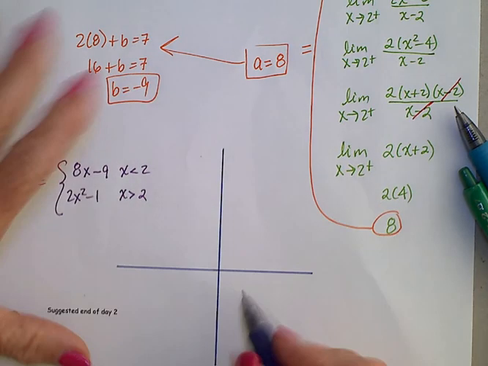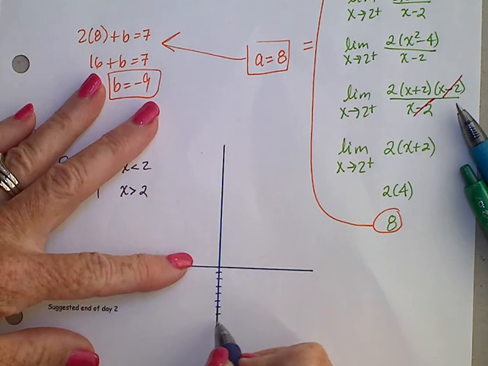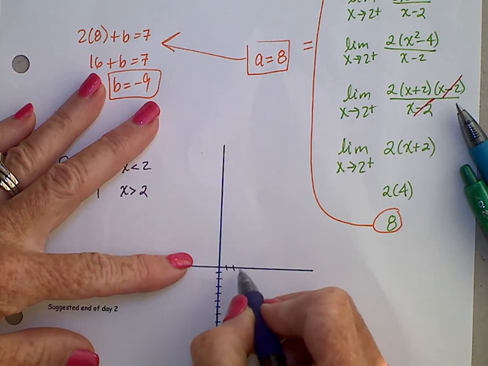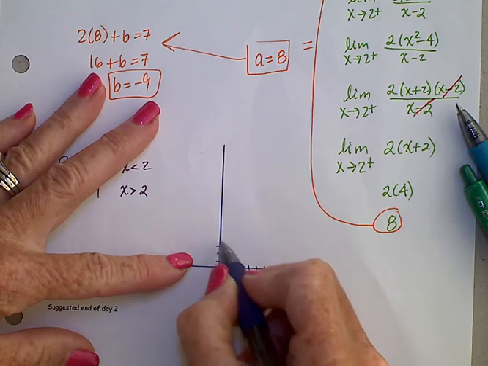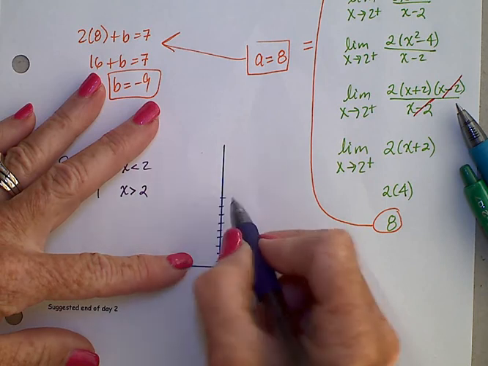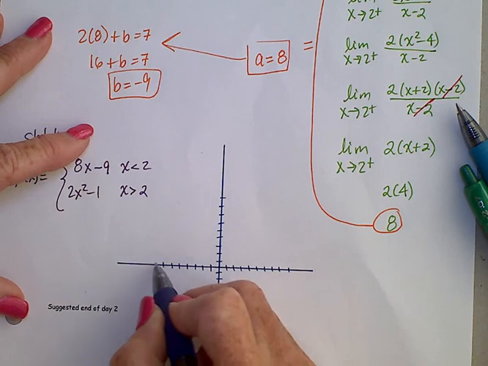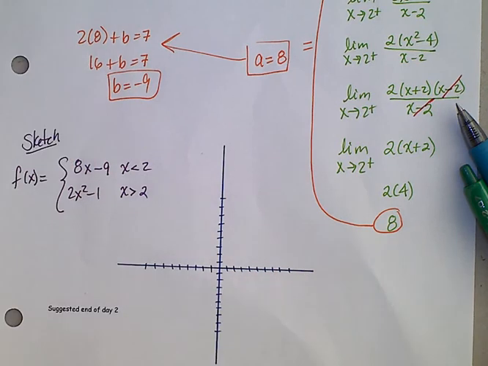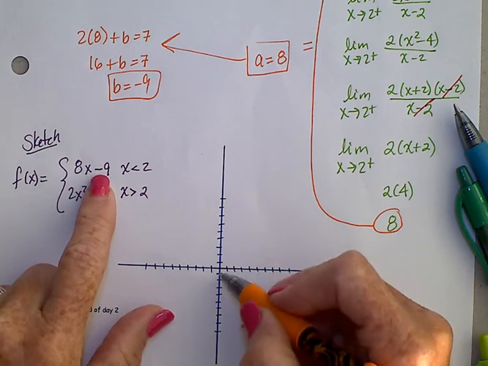Let's see. 1, 2, 3, 4, 5, 6, 7, 8, 9. Here we go, plotting this. First off, this line. The y-intercept is negative 9.